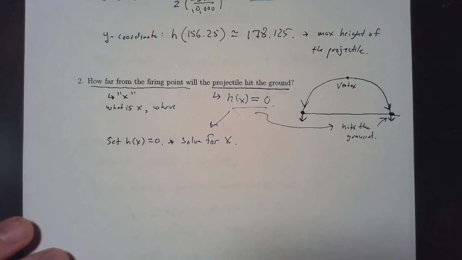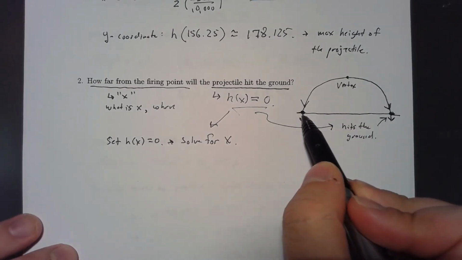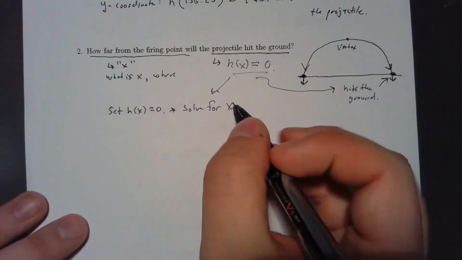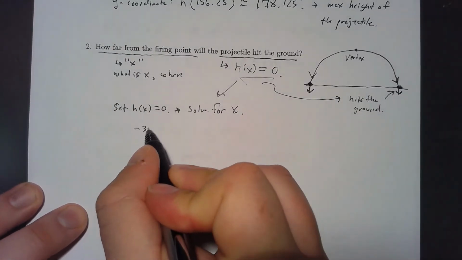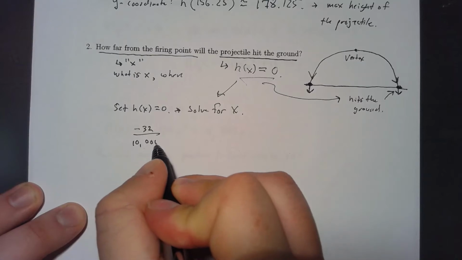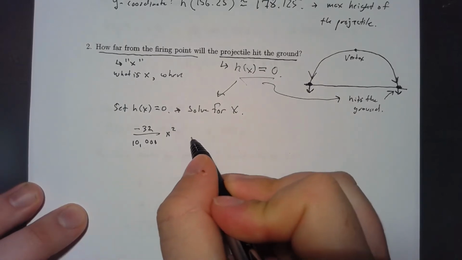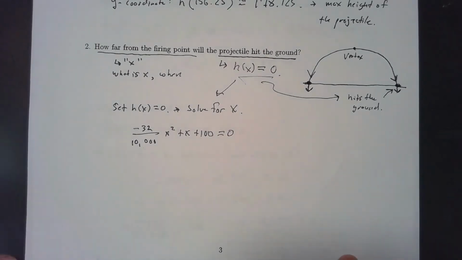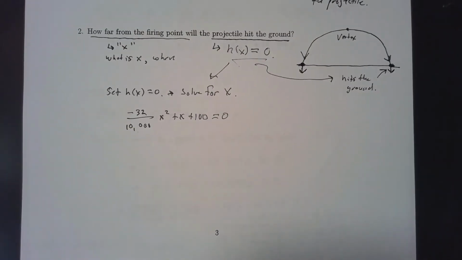But you'll see in a minute that only one of these values will make sense. So if you set my quadratic, which is negative 32 over 10,000 times x squared plus x plus 100, equal to 0, that's just a quadratic equation in standard form.